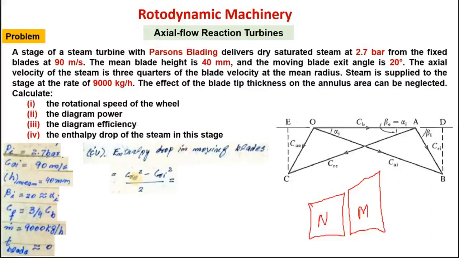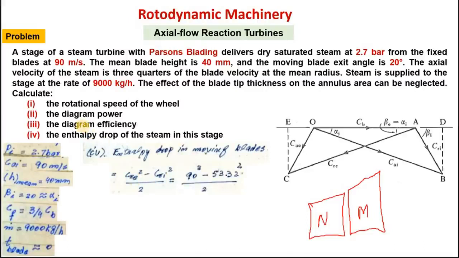And for a 50% reaction turbine, CRE is exactly equal to CAI. All right, and this we have discussed in theory. So CRE is equal to CAI, which is known. CRI was calculated in part 3.